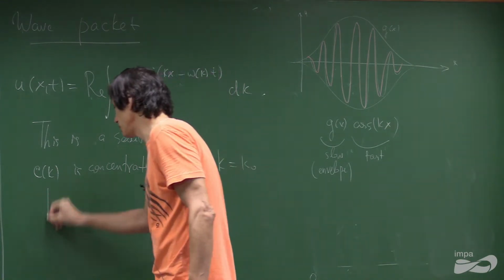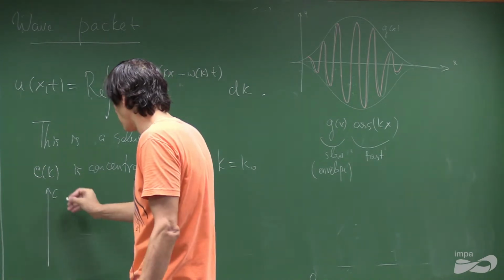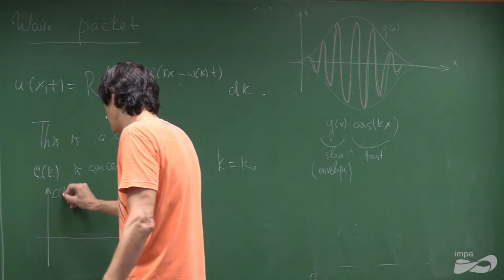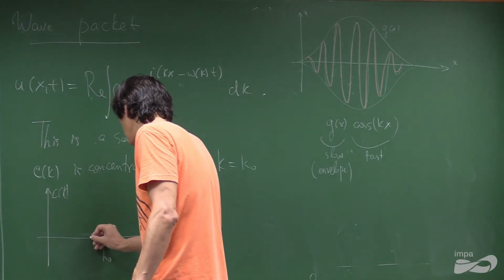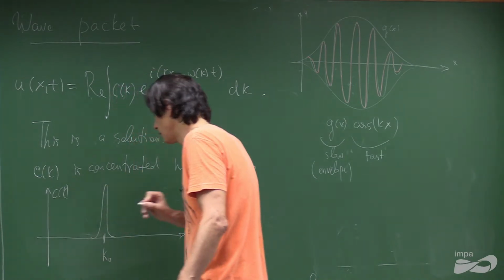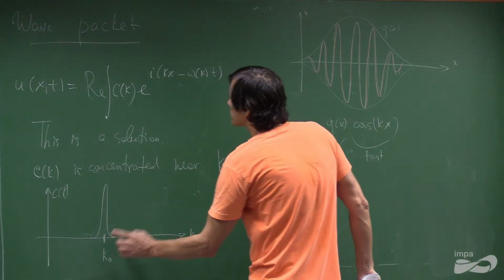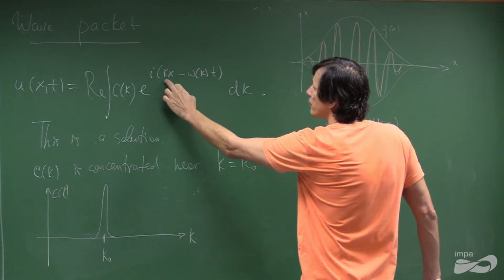What it means is that we have a function c, which in principle is complex, but let's just draw it as if it was real. So c(k) is non-zero only near a certain value k0. If c(k) is concentrated near k0, all exponents will have wave number close to k0.